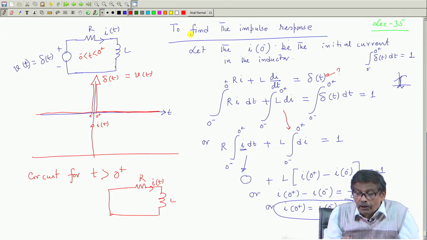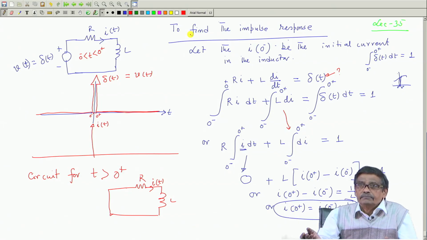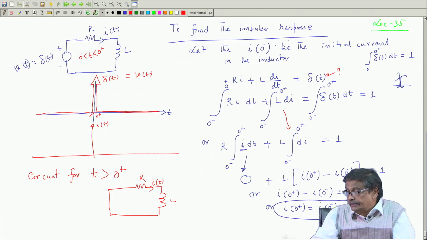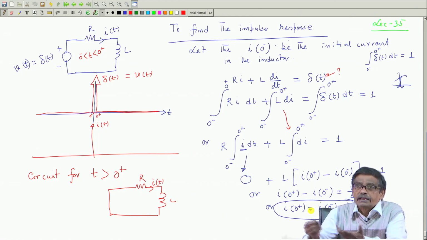Then what does the impulse function do? Impulse function changes the current in no time. It was I 0 minus, suddenly the current has a step jump, by a constant number, a factor of 1 by L.